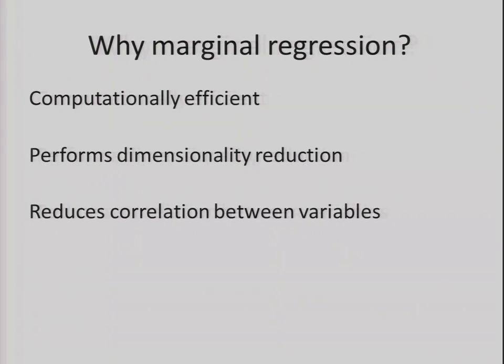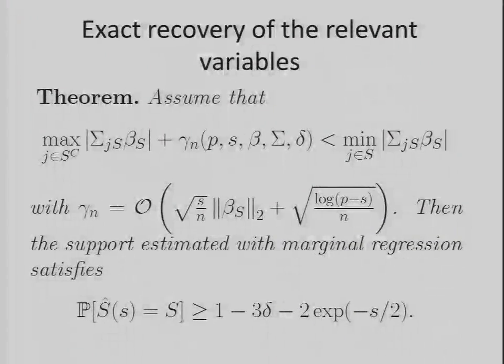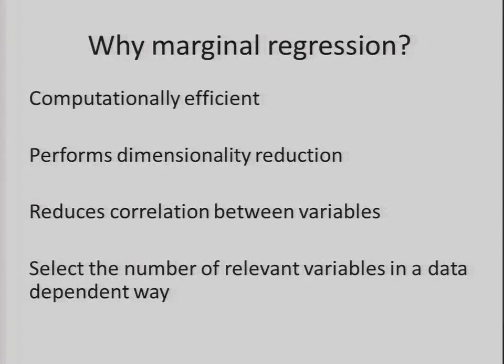If we reduce variables and then fit lasso on the second split of the data, the remaining variables are going to be much less correlated than on the full data set. And finally, one benefit of marginal regression is that the number of variables can be selected in a very simple data-dependent way that I'm going to discuss later.